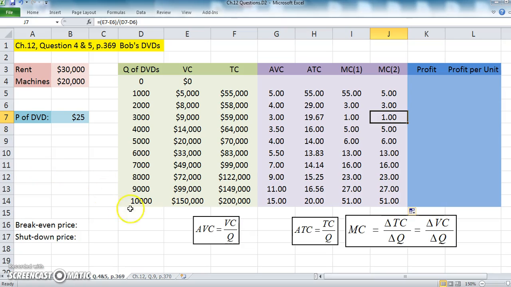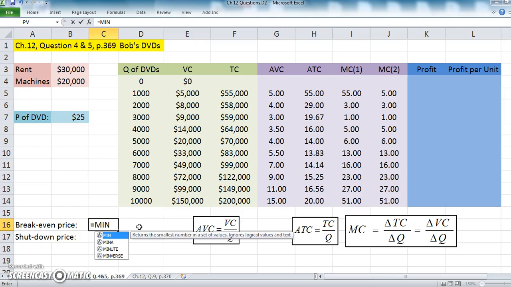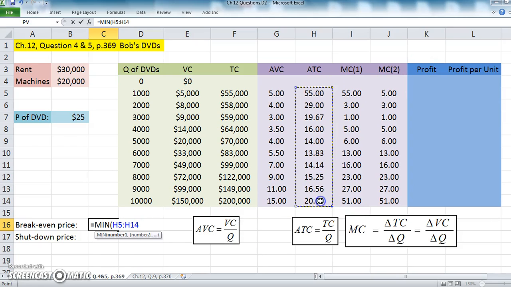Okay, so the next question is, well, what's the break-even price? The break-even price, we know, is going to be the price where they make zero profit, but also it's going to be the price where the ATC is at a minimum. And so our minimum ATC is 1383. You can see this. And actually there's a way for me to tell Excel to find it automatically. And that is to say, for this cell, give me the minimum, so MIN, out of that column.